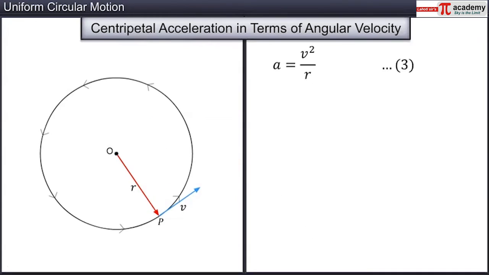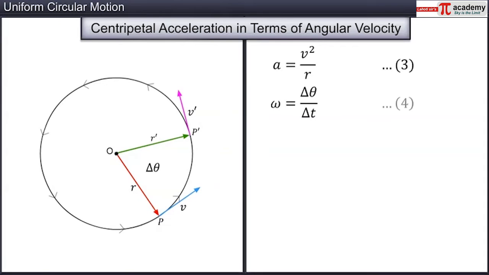Now, let us find the centripetal acceleration in terms of angular velocity, omega. As the body moves from P to P' in time delta t, the line OP turns through an angle delta theta. As you know, omega is equal to delta theta by delta t.